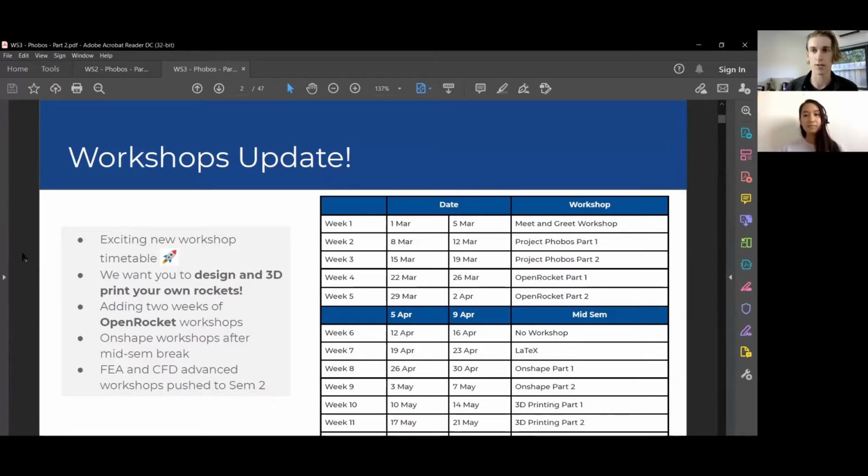So in the next 2 weeks, there are going to be OpenRocket workshops, which are related to simulation software for designing rockets, which you'll see very soon. As a result, we've pushed back some of the other workshops, but we'll get to those in due time. I think this is a much more exciting list of workshops that we've got lined up for you this semester.